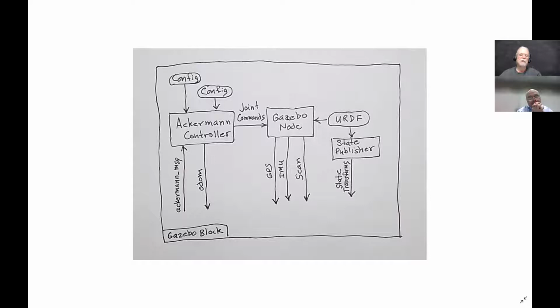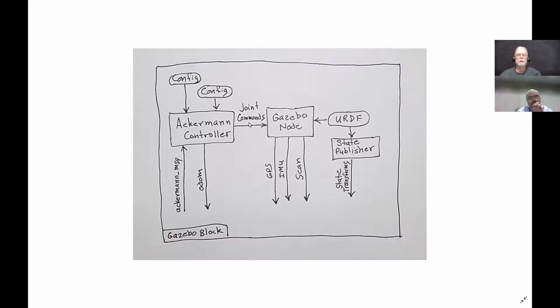So the model is supplied from URDF, and the joint commands are actually manipulating the pieces of the model itself. So when you fire this thing up, you start sending it commands, and it starts moving the vehicle. So if you say move forward at 1 meter per second with a steering angle of say 0.2 radians, then the vehicle will turn its steering wheels that amount and start driving forward.